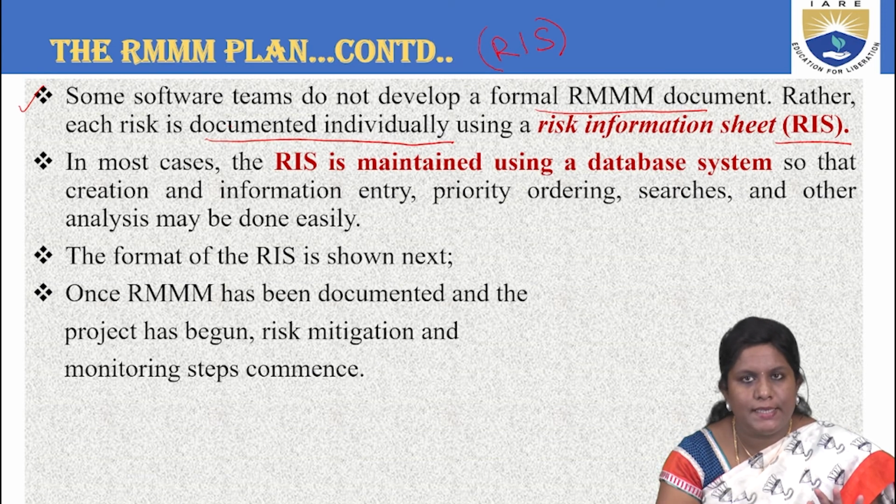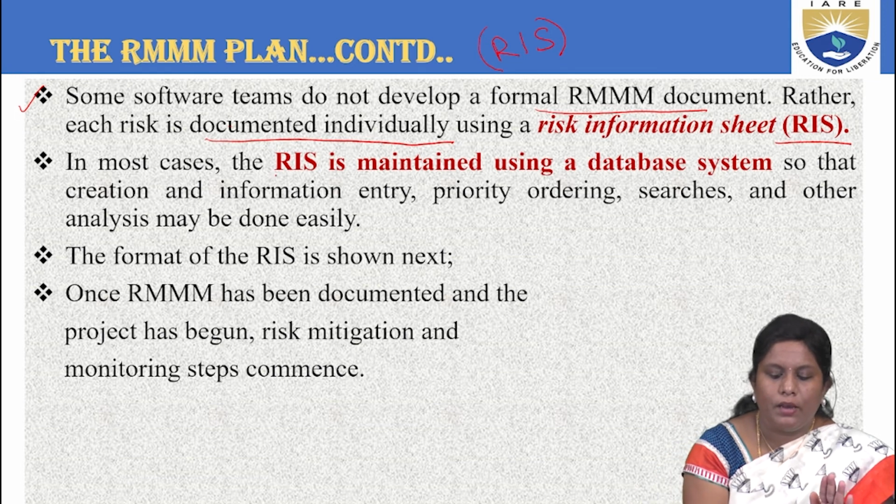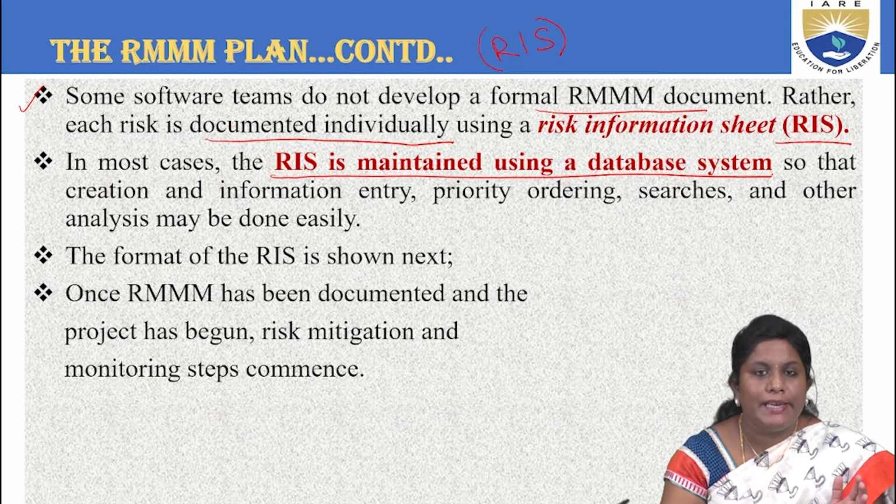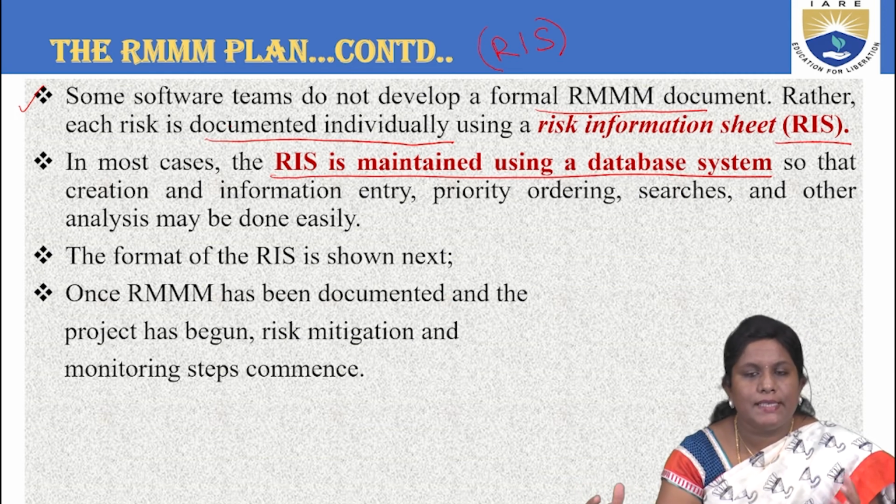In most cases, the RIS is maintained using a database system. I'm sorry, it is not the risk, it is the RIS, the risk information sheet, that is kept in a database system. That is, you have different kinds of tables in a database management system acting as a server.